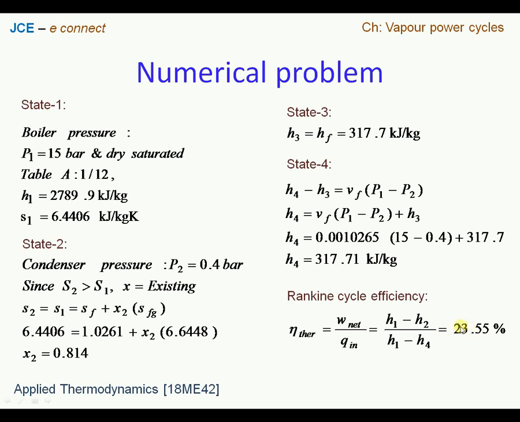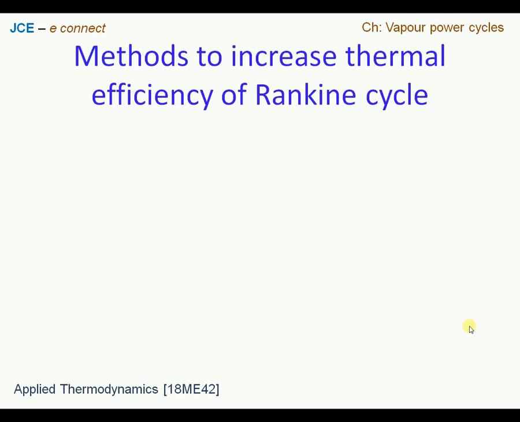So now let us move further from here and look at different ways one can increase the thermal efficiency of Rankine cycle. Here we have different methods. The idea here is why exactly we are looking at improving the thermal efficiency of Rankine cycle.